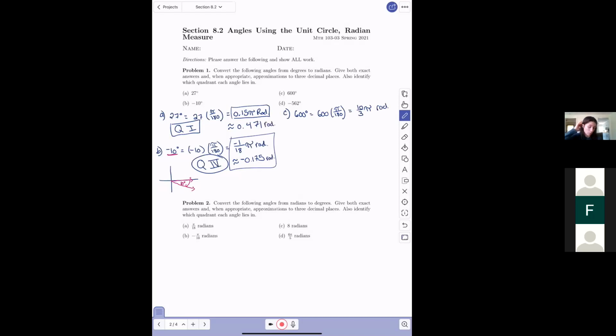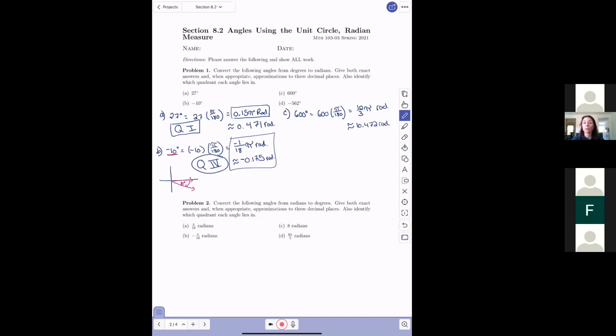I'm going to let you guys plug that in to get the approximate form and let me know what it is. I got 10.472. 10.472 radians. Cool. Okay.